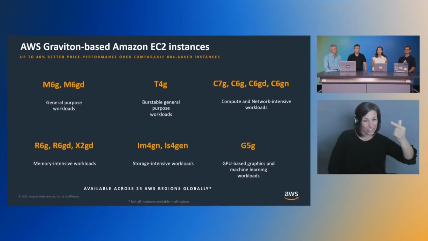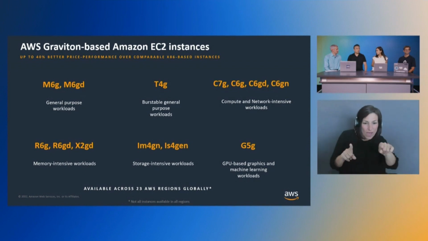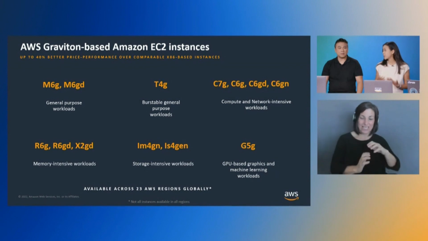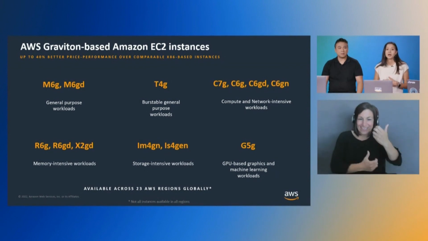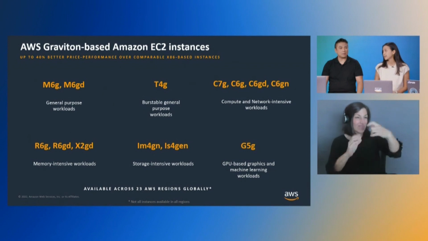For compute and network intensive workloads, we have the C family that features both Graviton 2 as well as our most recently launched instance C7G, which is powered by Graviton 3. So each of these instance types are going to offer up to 40% better price performance and are priced at up to 20% lower than the comparable x86-based instance.